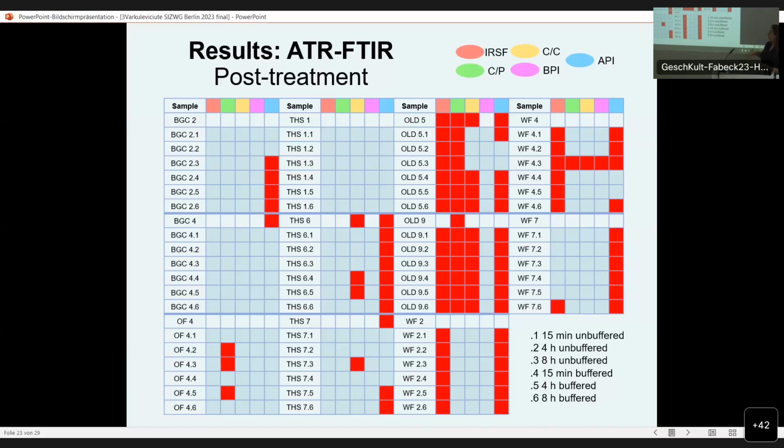The worst example is WF4, which passed all of the parameters prior and then failed a bunch after. So this could suggest that the treatment is significantly affecting the crystalline matrix and the structure of the enamel, maybe in a way that we don't really want it to.